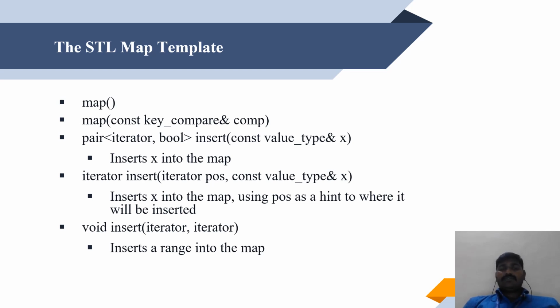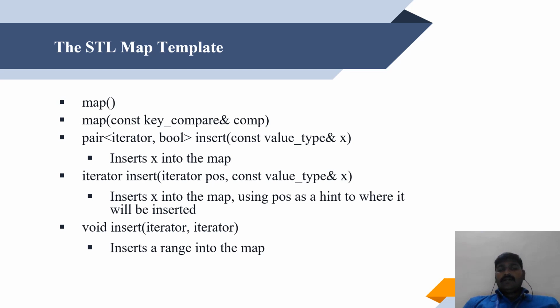So iterator position, POS is position here. It means we can mention in which place we are about to insert the value. Say for example, I just want to insert a value in the second position. I'll be mentioning the position over here, iterator position. So in that place I can place the value.